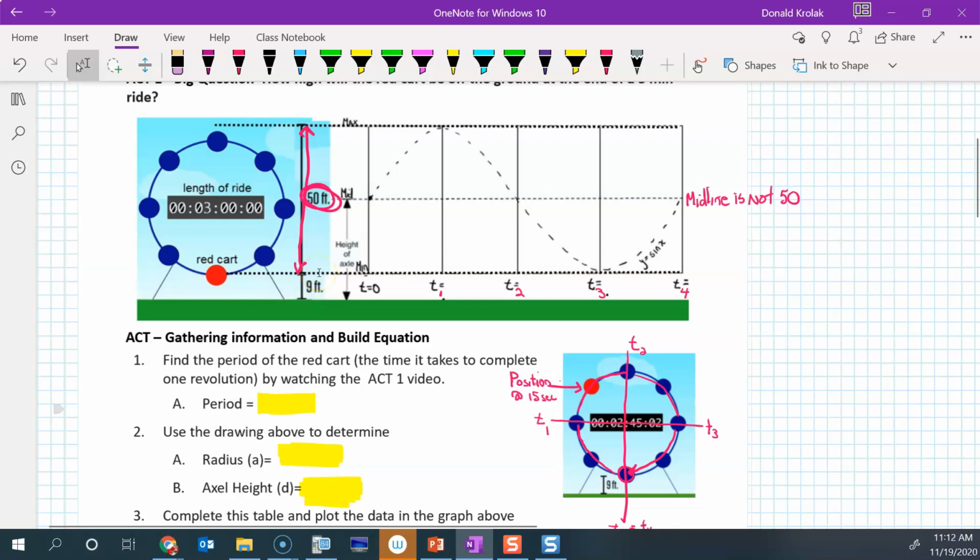Okay, so the diameter of the Ferris wheel is 50. So from here to here is 50 feet, but this is 9 feet above the ground. So that's 9 feet. And then that's 59 feet.